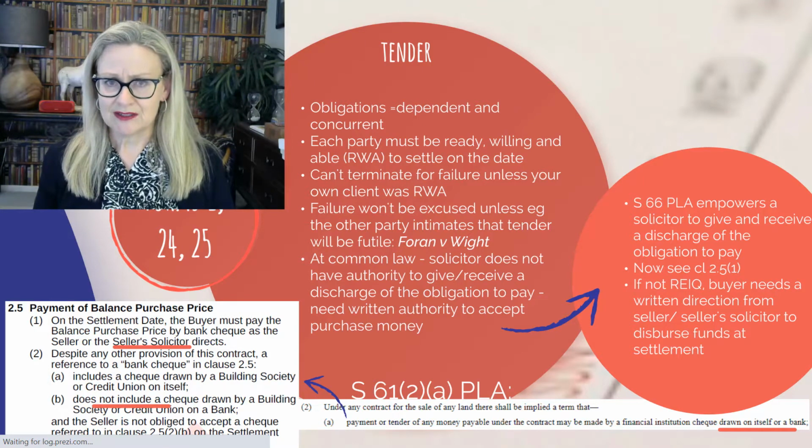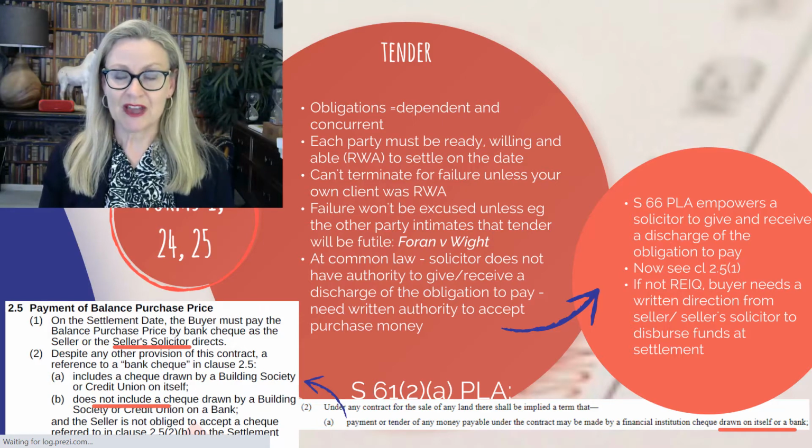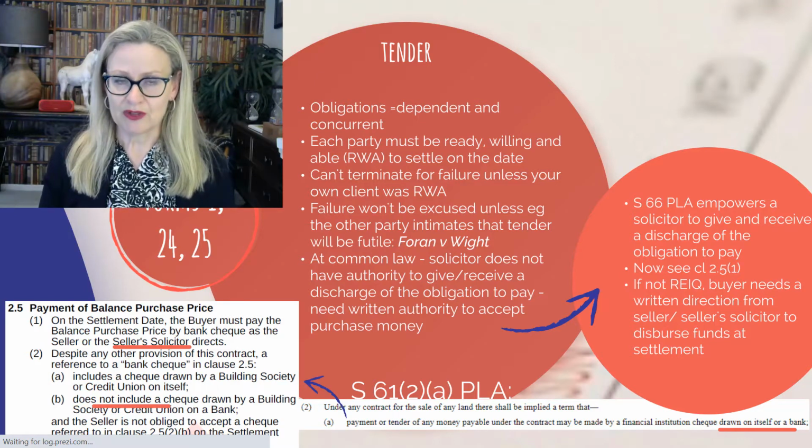That then prompted the sellers to object to the termination on the basis that the purchasers themselves were not ready, willing and able because they didn't attend settlement themselves either. In that case, the court held that the purchasers had validly terminated. They didn't have to attend settlement and tender their performance on the settlement date, where to do so had been plainly indicated by the sellers would be futile. So no need to actually go ahead and tender performance where it's just going to be useless or futile, and you can rely on the other party's intimation that settlement won't occur.